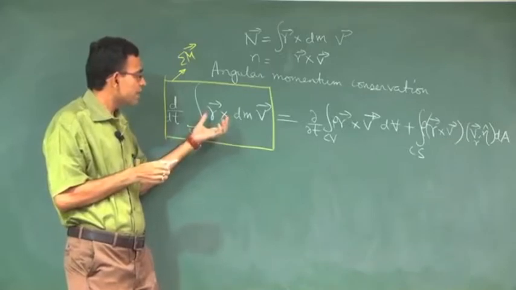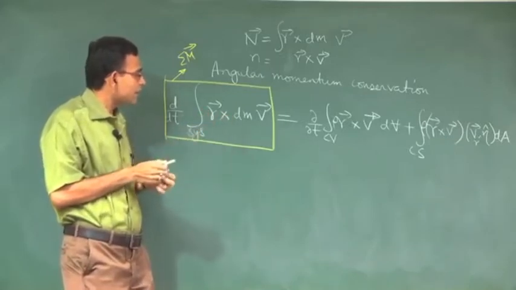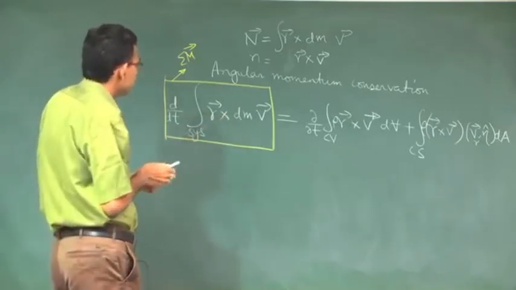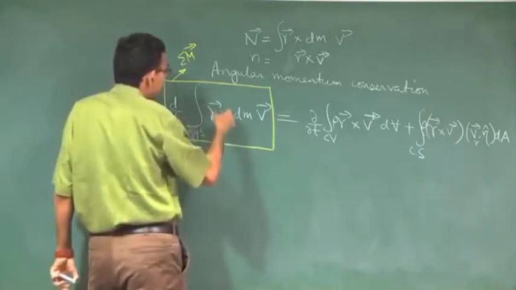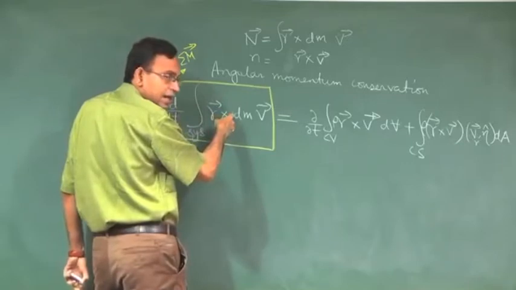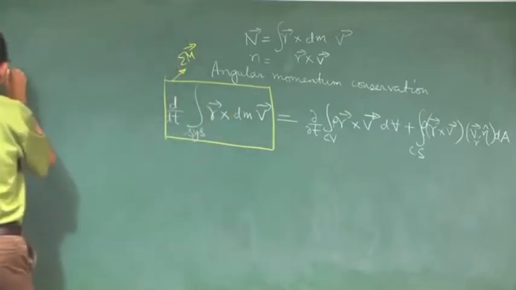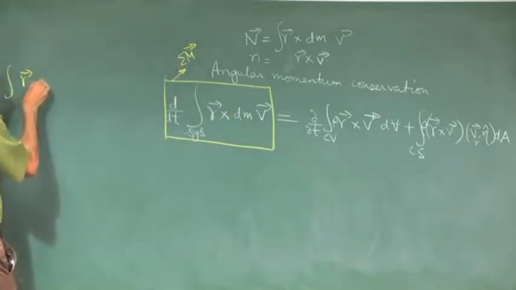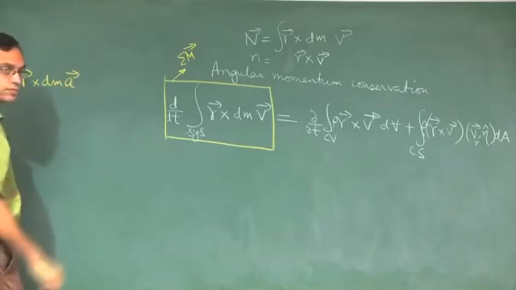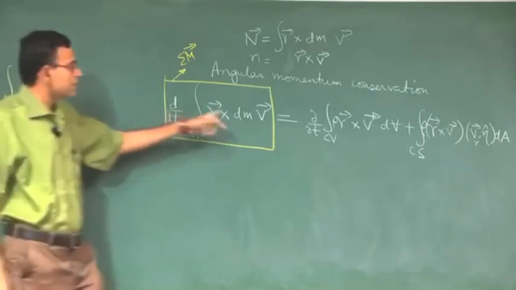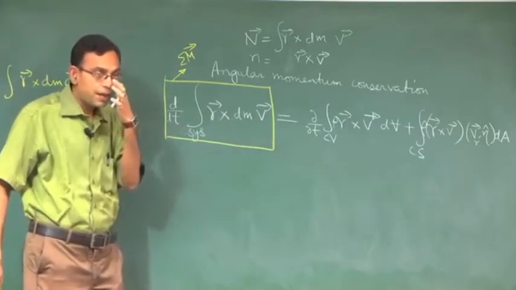So this is why there will be a correction term. So just take that you are able to take the d/dt inside. Then it will be r cross dma.